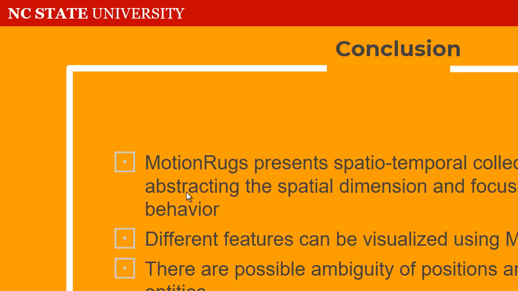There could be possible ambiguity of positions and directions of the entities, and using the Hilbert curve is the most suitable partitioning strategy because it has fewer artifacts and showed better results in the table in maximum crossings and jumpings, and R-tree is less useful.